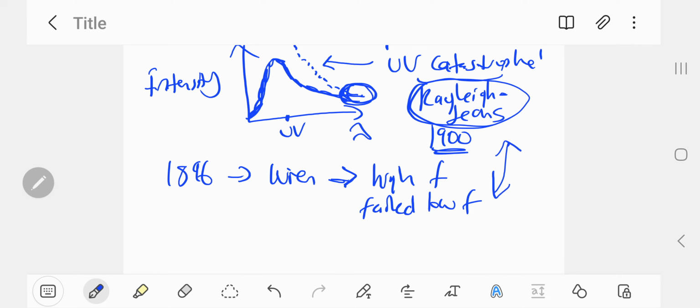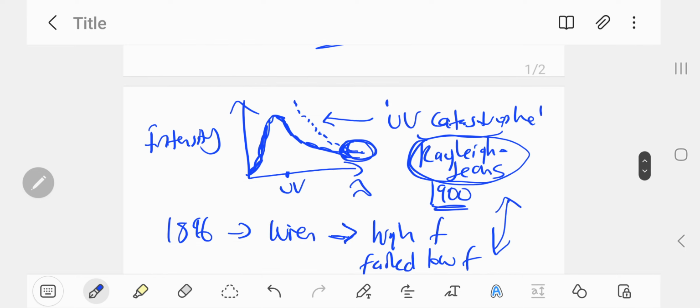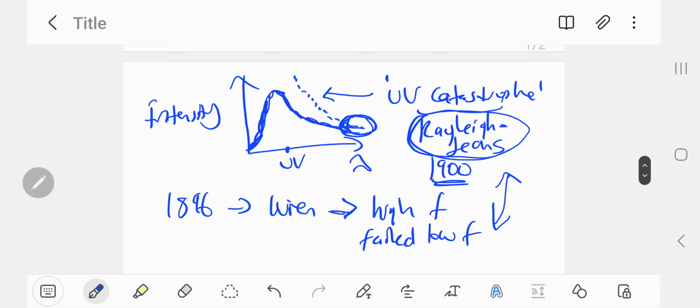So the exact opposite of the Rayleigh-Jeans law. The Rayleigh-Jeans law works at long wavelengths, right? Low frequency. The Wien law worked at short wavelengths and high frequencies.